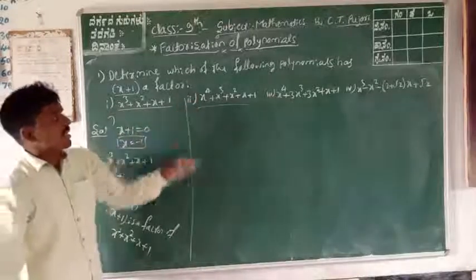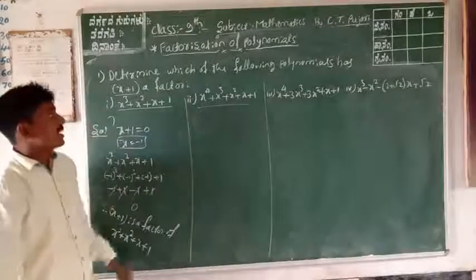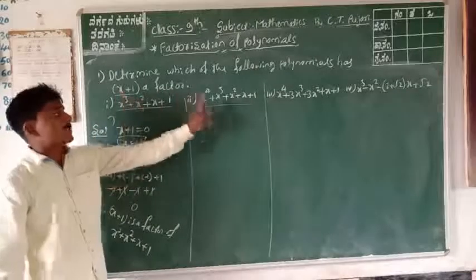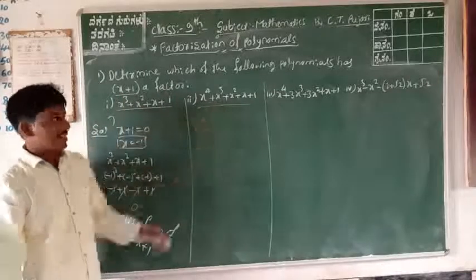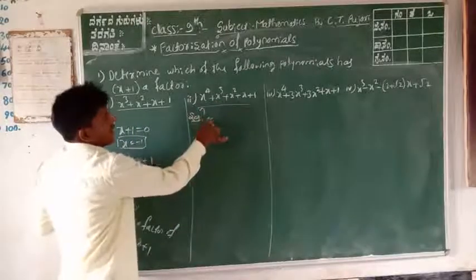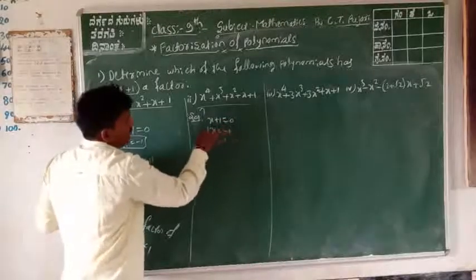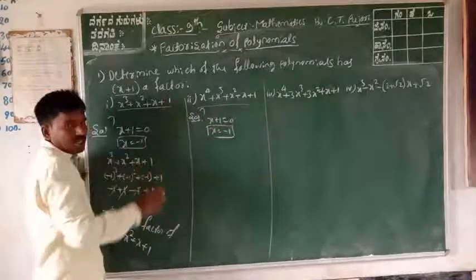Again, check yourself for the second one. The second is also the same. Consider whether x plus 1 is a factor of this one. The solution is x plus 1 equal to 0, so x is equal to minus 1. Again put the value in this equation.